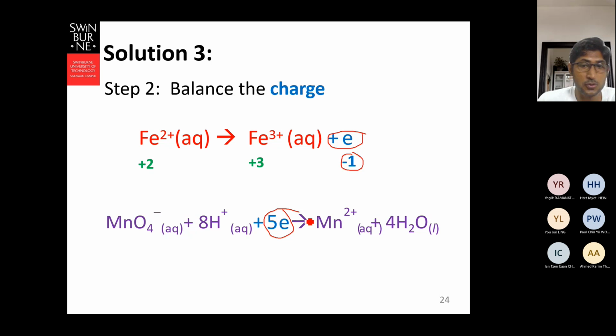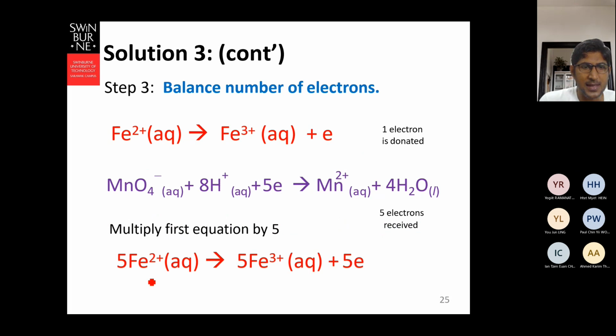And I do not know who else is giving, because consider that there is nothing else, only iron and manganese oxide in the solution. So I have to make sure that I have this number of electrons together. So I have to multiply this iron ion by 5 so that I have 5 electrons, and then this 5 electrons will be balanced.